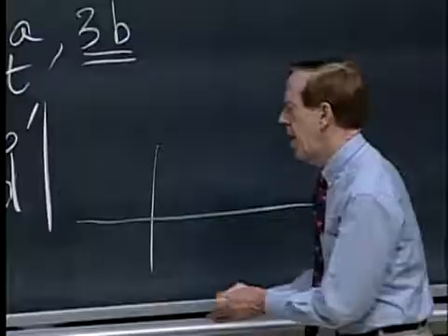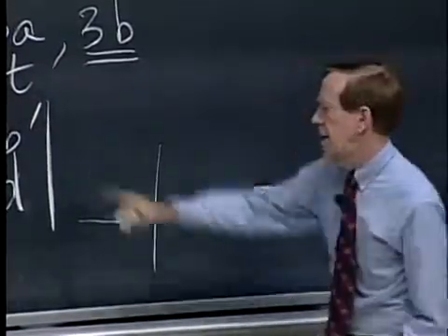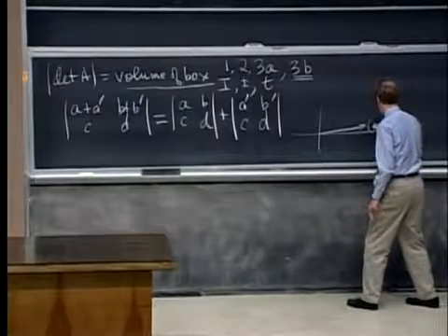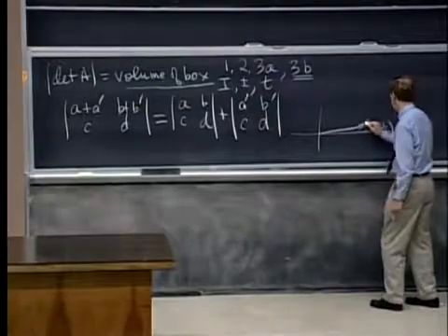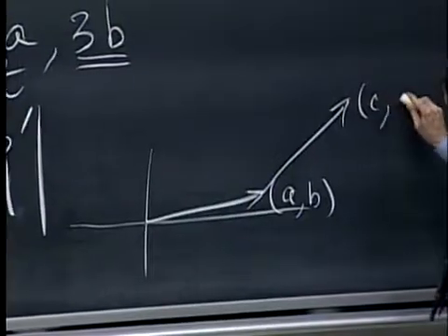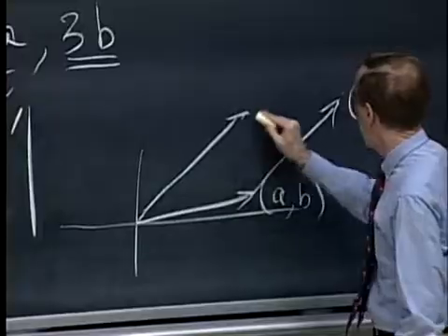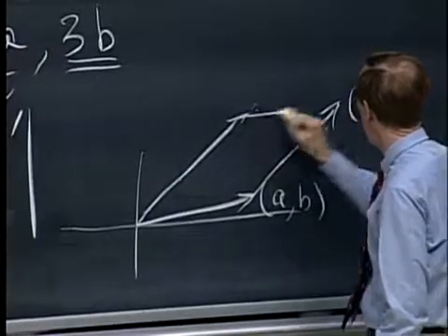Okay, here's the parallelogram. I have the row AB. That's the first row. That's the point AB. And I tack on CD, CD coming out of here. And I complete the parallelogram.